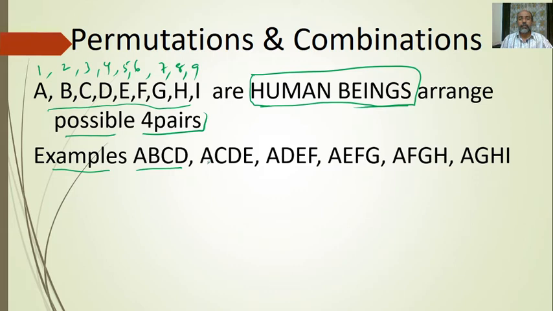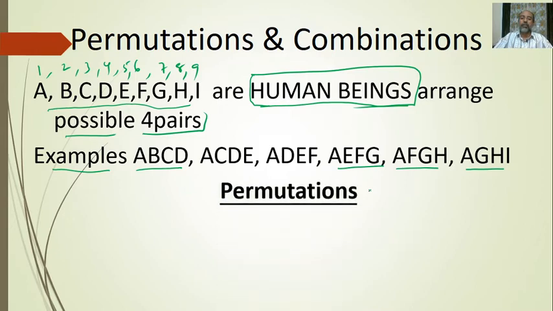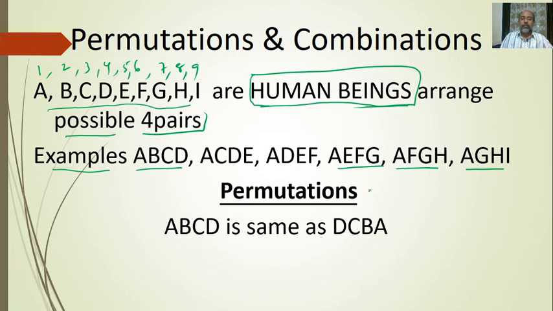Continue with A as the first letter and the other letters changing: A, B, C, D; A, C, D, E; A, D, E, F; A, E, F, G; A, F, G, H; A, G, H, I, etc. There are other combinations also. So in the case of permutations, A, B, C, D would be different from D, C, B, A, but here they are the same, because they are human beings.